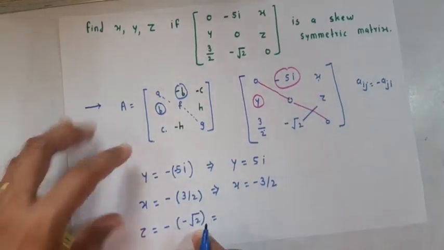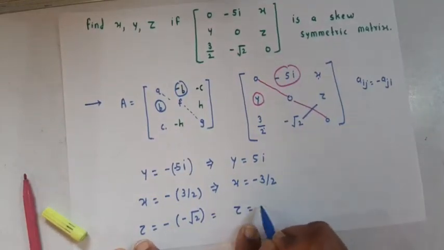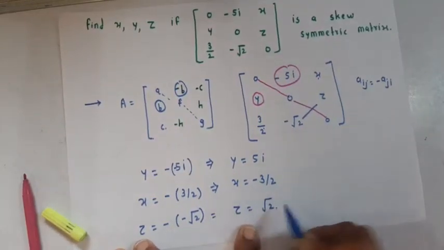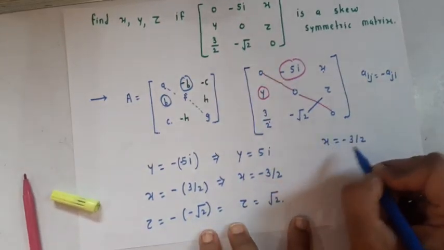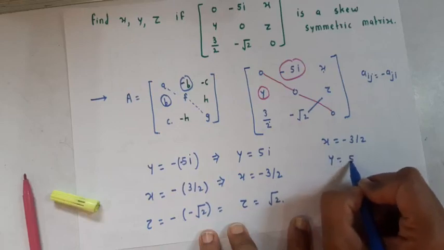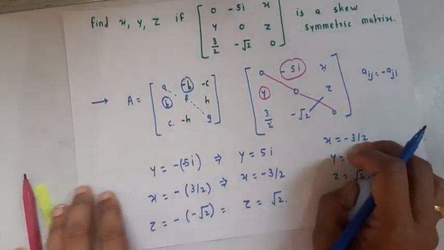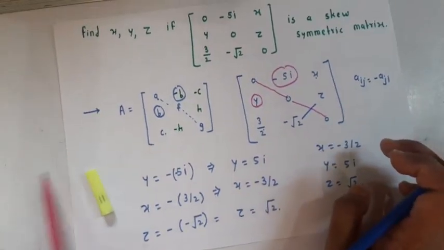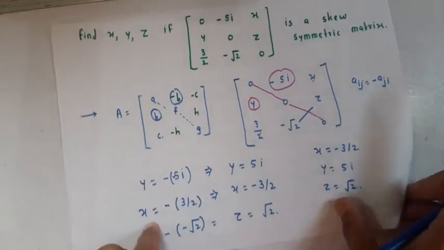The number is minus √2 and it's a negative number. Therefore z equal to √2. Hence x equal to minus 3/2, y equal to 5i, and z equal to √2. And this is the solution of the given problem. In this way we have solved some problems.